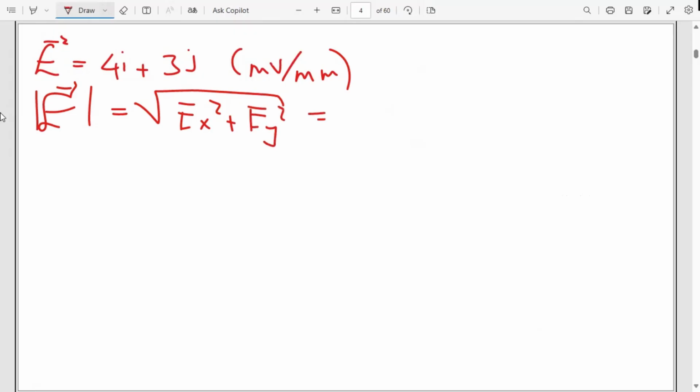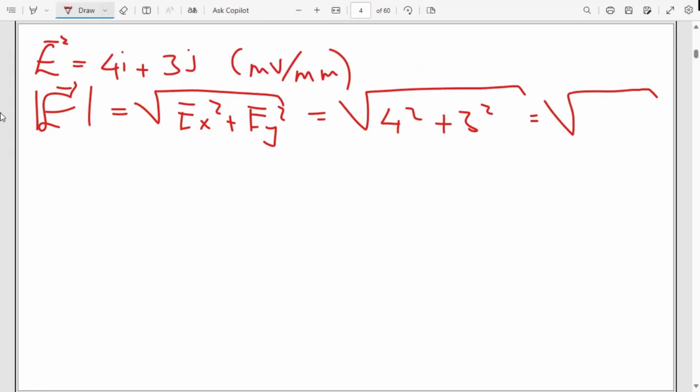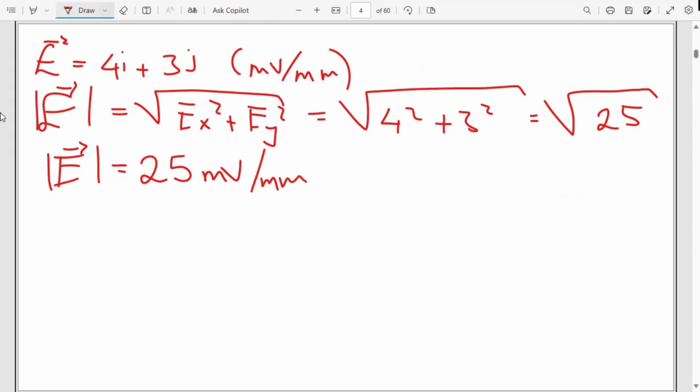We have the x component as 4, so 4 squared plus 3 squared, which is 16 plus 9, equal to 25. So the magnitude of E is equal to 25 millivolts per millimeter. That is the final answer for the magnitude of E.